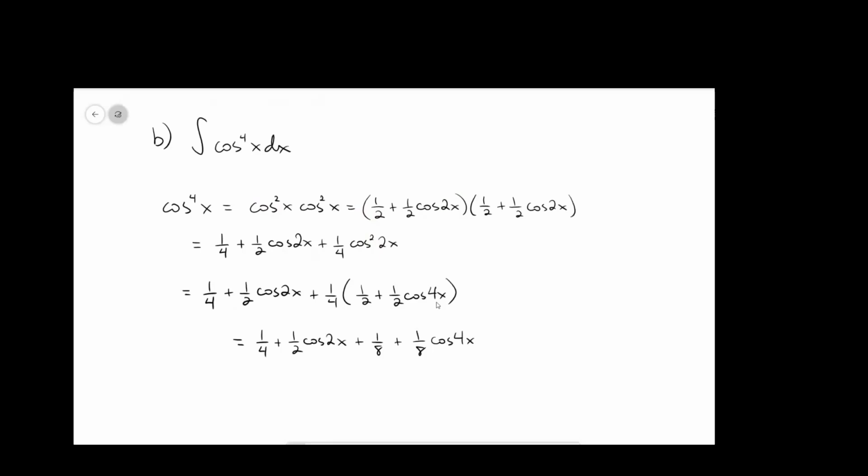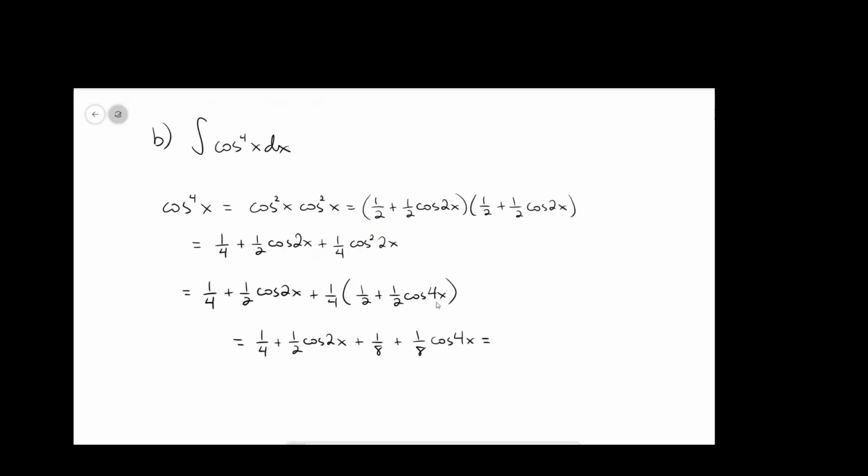All we did was use the power reducing formulas to reduce cosine to the fourth down to the point where there's only first powers of cosine. If this were a pre-calculus class, we would say, well, we're done, or almost done anyway, once we add these constants together. But here in this class, of course, we also have to find the antiderivative.